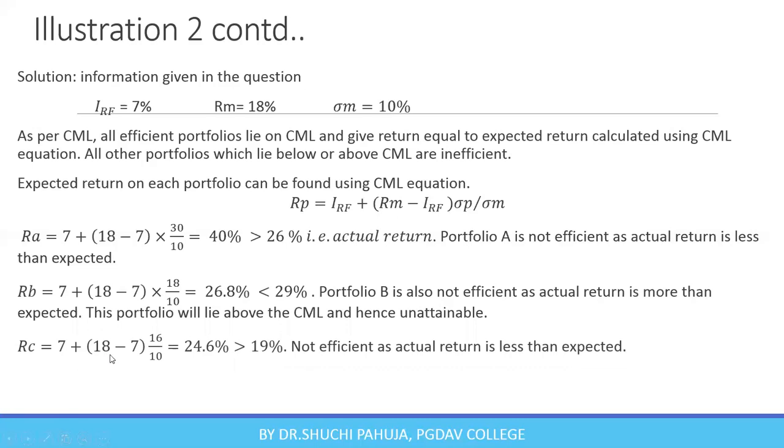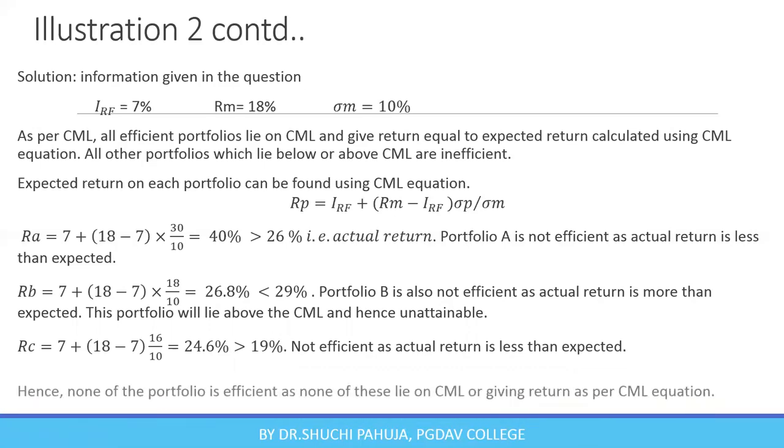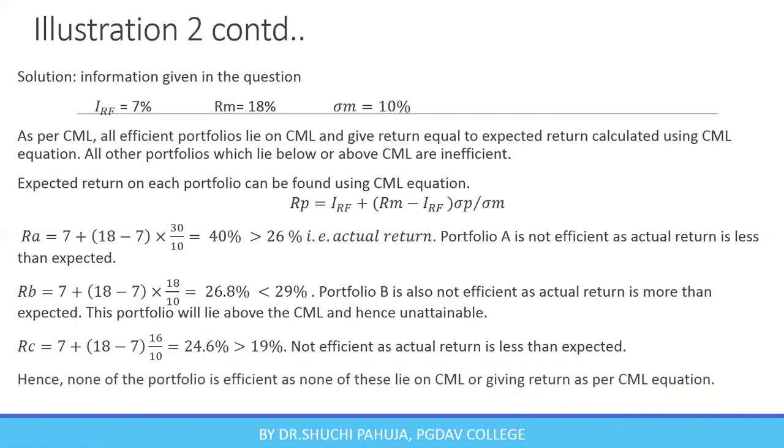Portfolio C, as per CML equation, the return is 24.6%, actual return 19%. So clearly this is not efficient portfolio because actual return is less than expected return, this portfolio lies below CML, this is inefficient. So as per calculation, none of the portfolios is efficient because none of these lie on CML or give return as per CML equation.